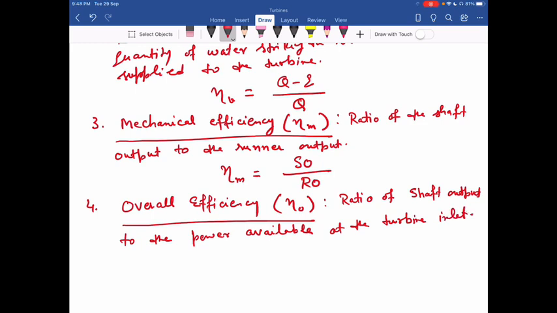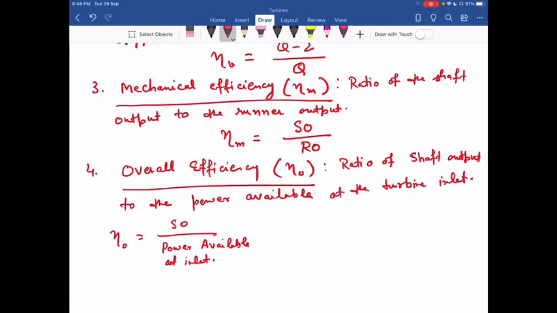So you can write eta O as shaft output divided by power available at inlet.